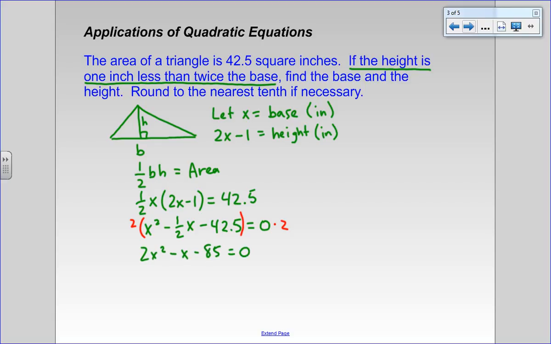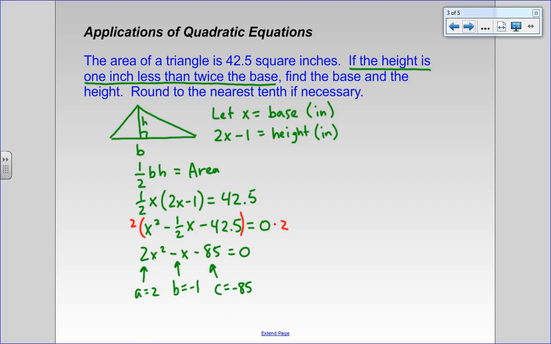That expression on the left-hand side is prime. It cannot be factored. So to solve this equation, we can instead identify the values of a, b, and c and use the quadratic formula. We can see from the equation that a equals 2, b equals -1, and c equals -85.